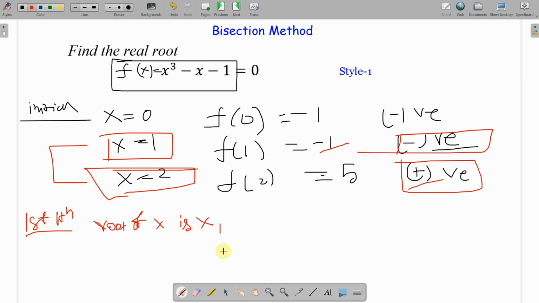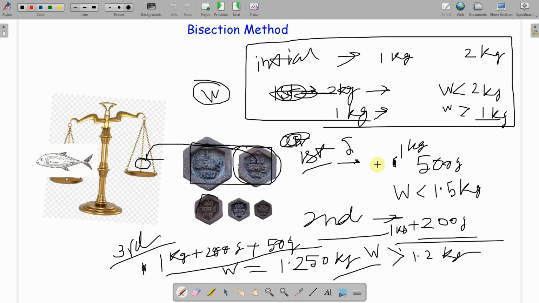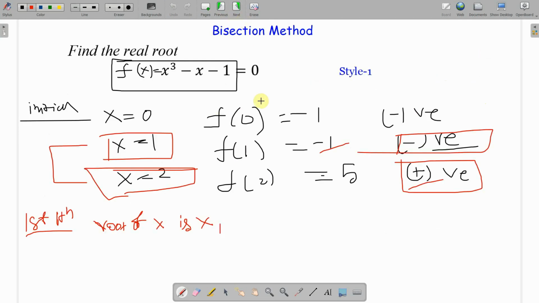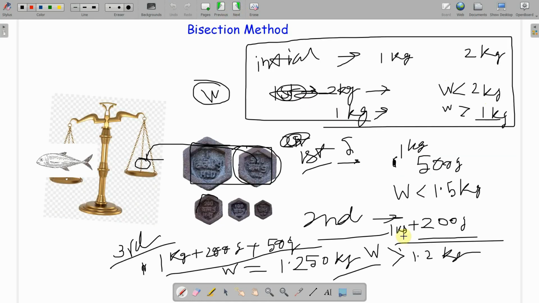So in the bisection method, what we generally do: in the previous example, initially I considered 1 to 2 kg, that's our initial approximation. That's the thing we got here also. And then you were using 500 grams, which is exactly half of that.